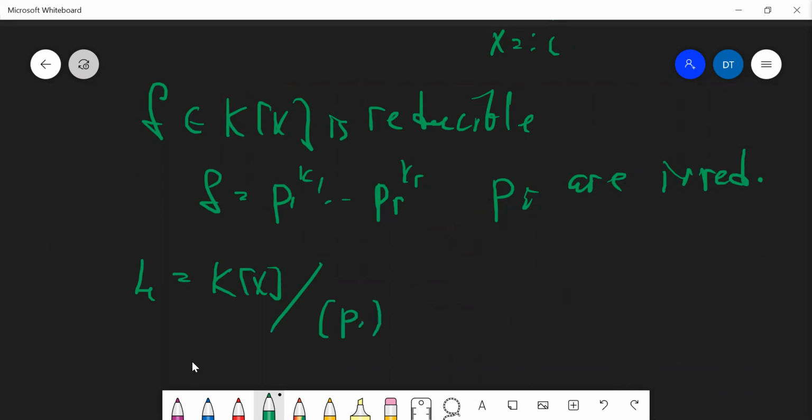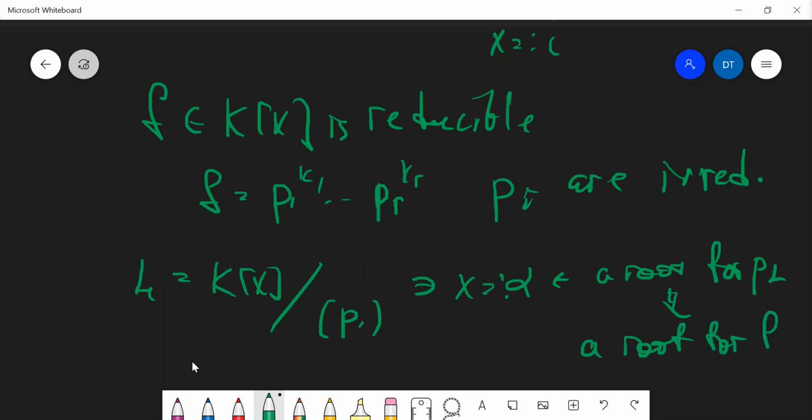And then here, the element X, I want to denote it by alpha. This is a root for P1, but since P1 divides F, this is also a root for F. So this is how you produce a larger field with a root for a reducible polynomial.